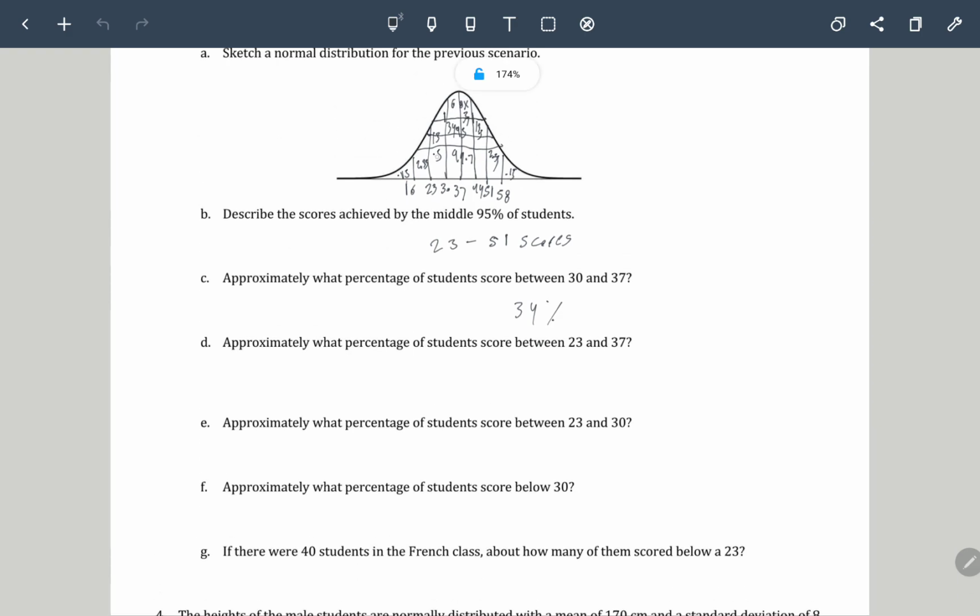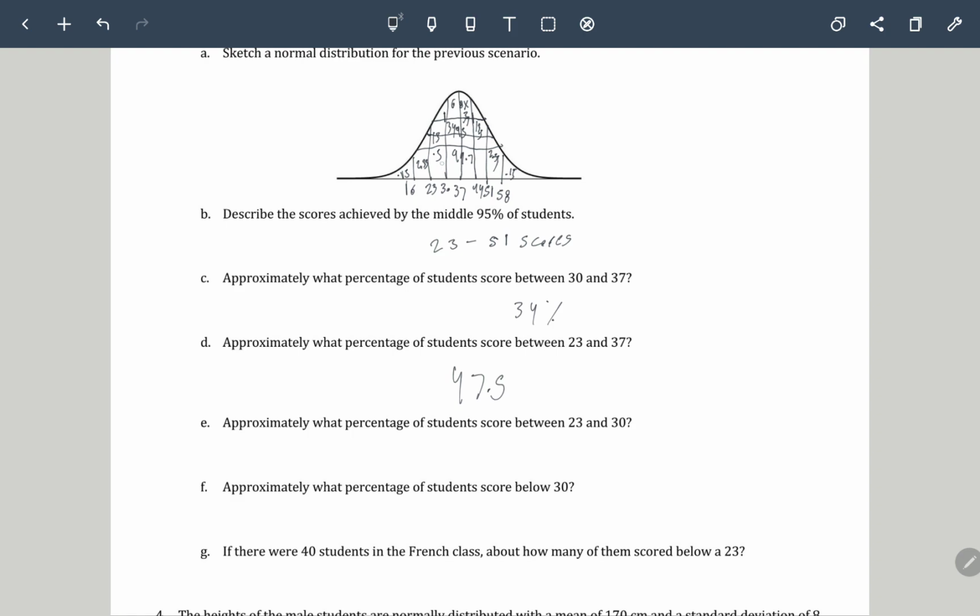Now, what percentage of students approximately score between 23 and 37? We see 23 here, 13.5, we see 37 here, which is 34. So it would just be 47.5, because we added this. So 13.5 plus 34 is just 47.5. And approximately what percentage of students score between 23 and 30? We see here 23 and 30.